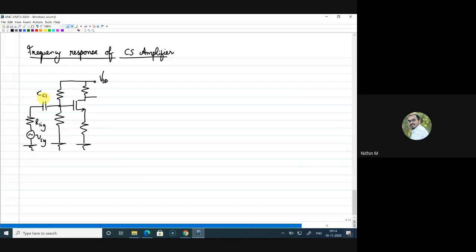We call it CC1. This is R1, R2. This is RD and RS. This is another capacitor here. We call this CS. And this is another capacitor CC2 here, from this point we'll take output.